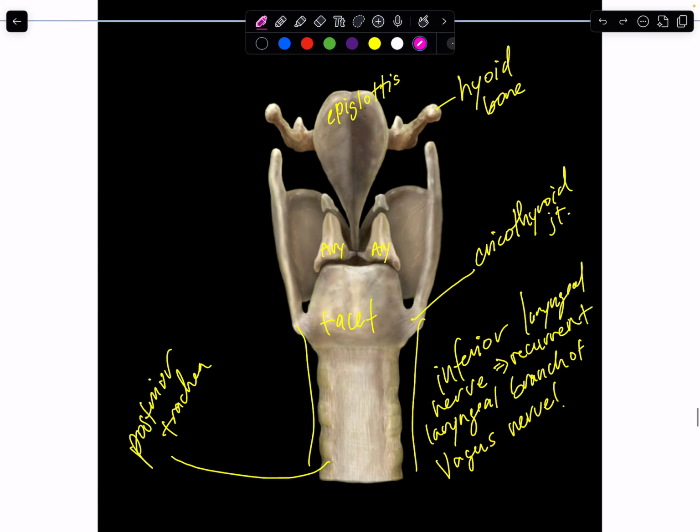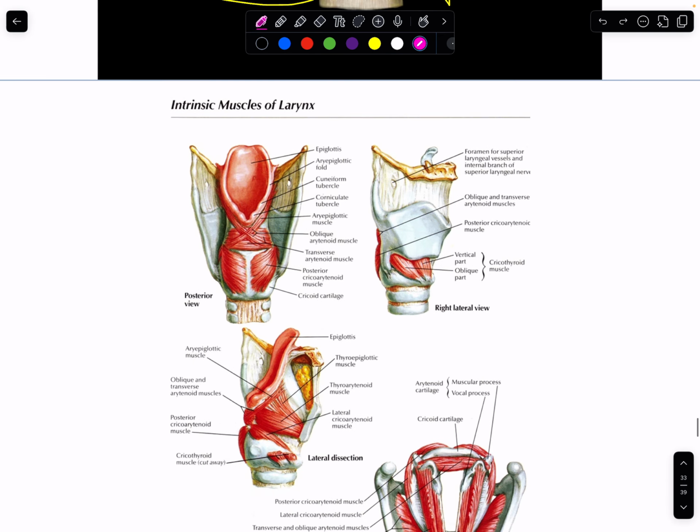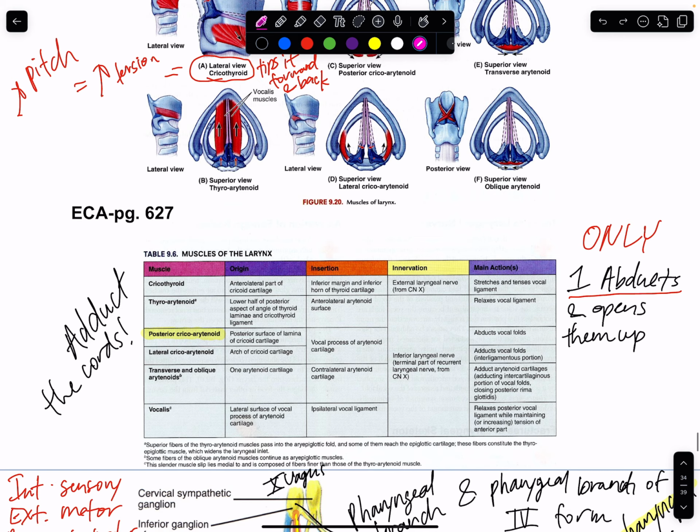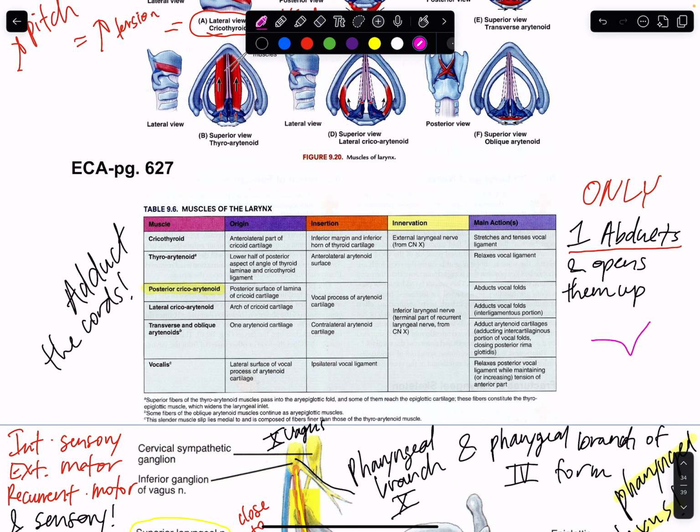Another great view, the facet of the cricothyroid ring. Wonderful image there. And you can see on a real person, all of those little cartilages, they're just little bumps. It's a really good chart here that tells you about everything and what it does.